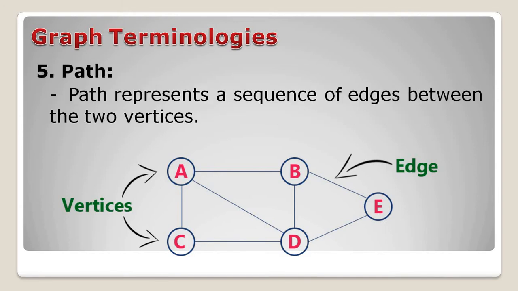The next terminology we have is a path. A path represents a sequence of edges between two vertices.